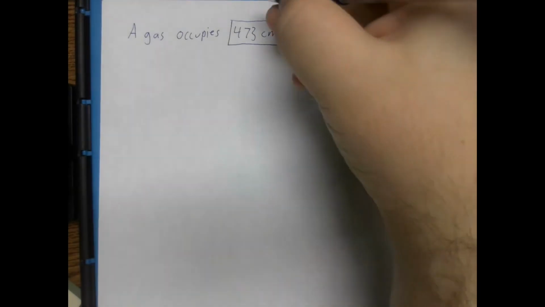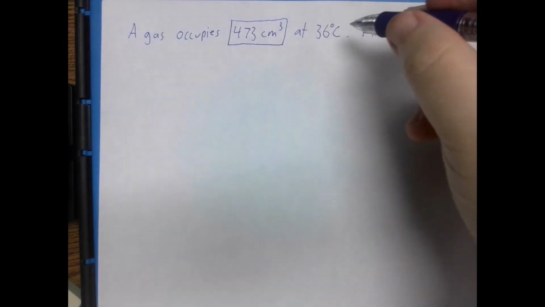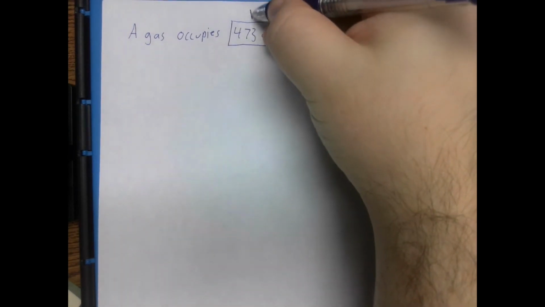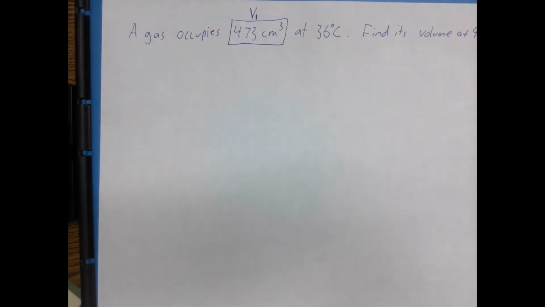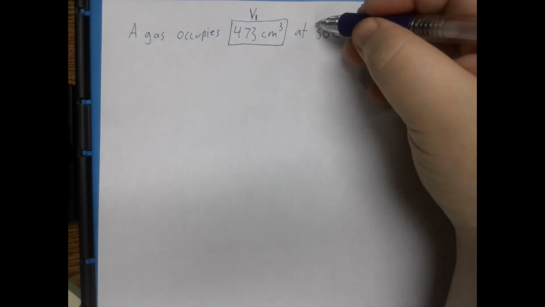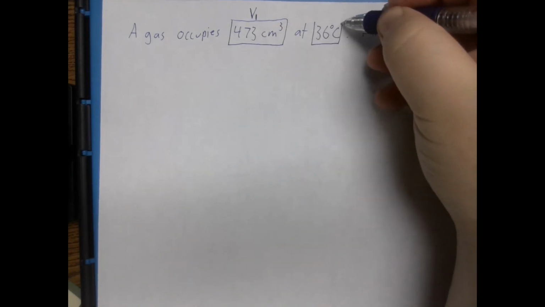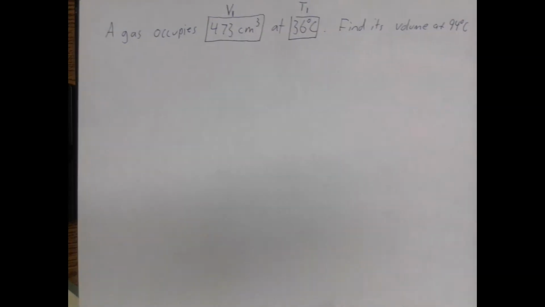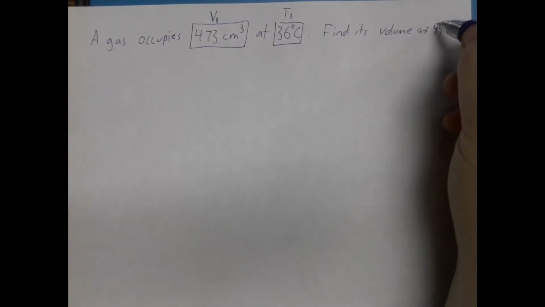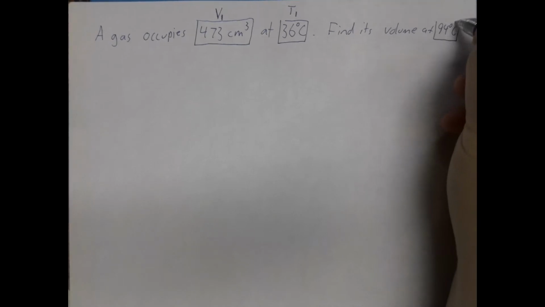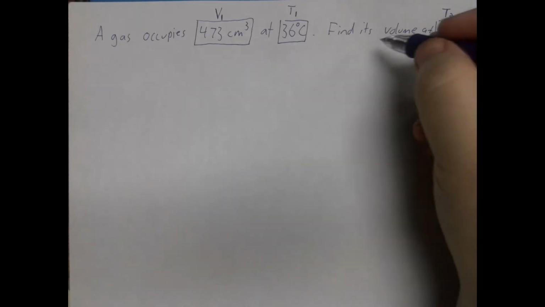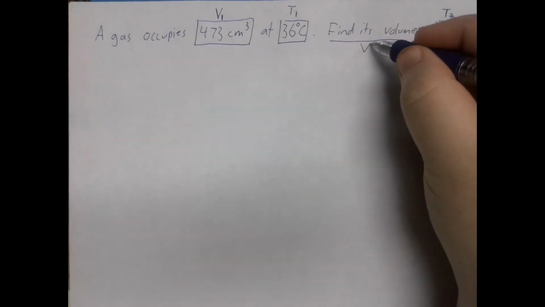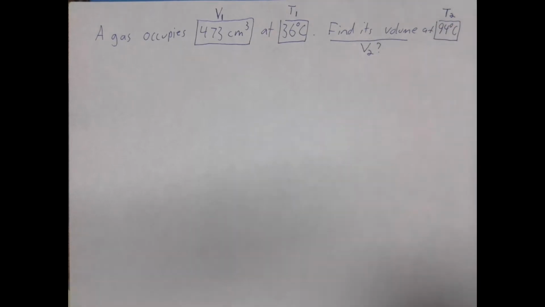The volume. This is the initial, so this would be V1. A temperature of 36 degrees Celsius, so that would be T1. And it asks you to find its volume at 94 degrees Celsius, so that would be the final temperature. And we're trying to find V2.